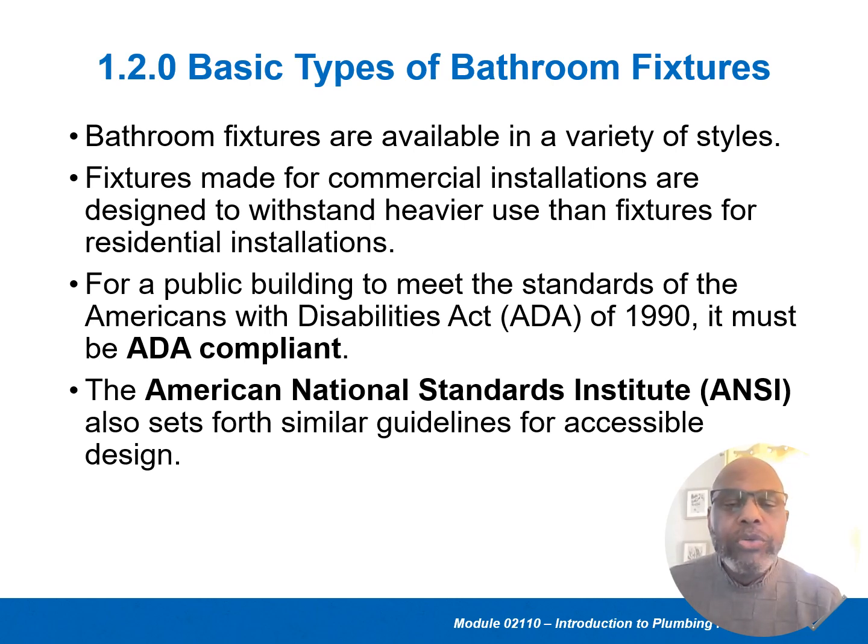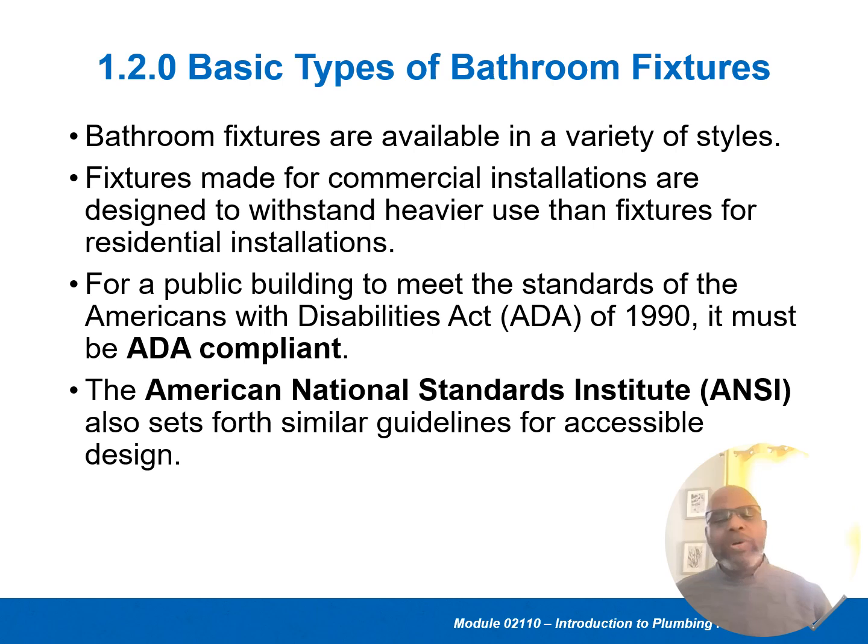For public buildings to meet standards of the Americans with Disabilities Act, the ADA of 1990, it must be ADA compliant. So that's the second requirement for commercial buildings. Besides being built heavier and able to withstand many uses, it also must be ADA compliant. In other words, it needs to be handicap accessible. The American National Standards Institute is another organization that we find.